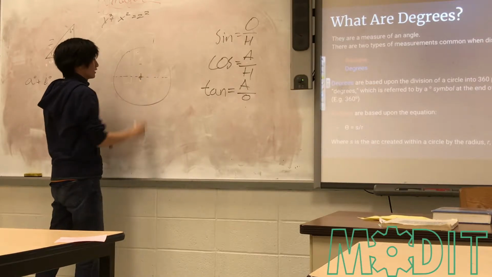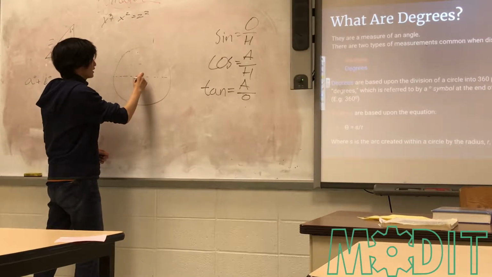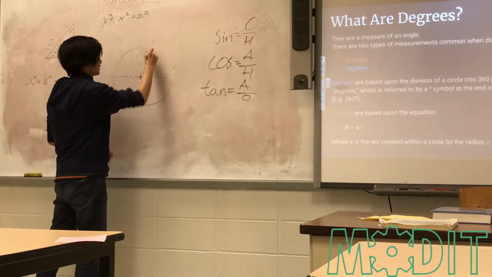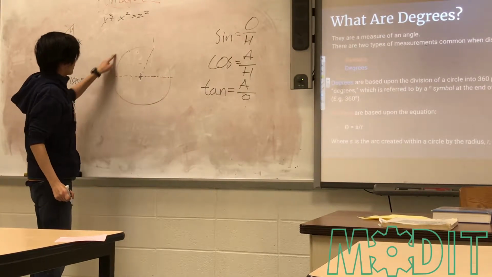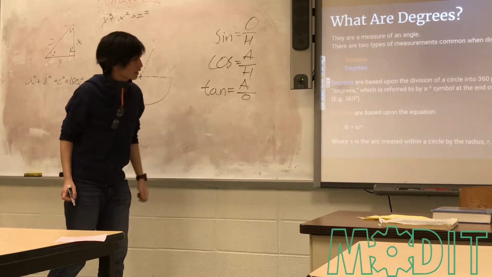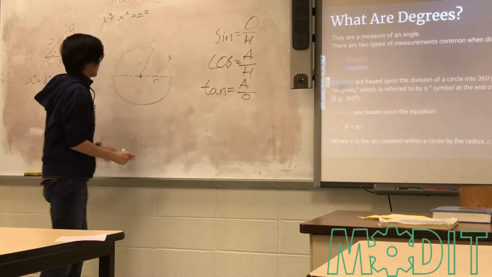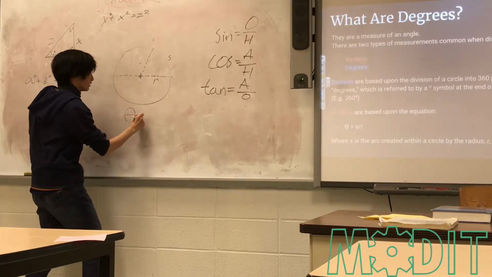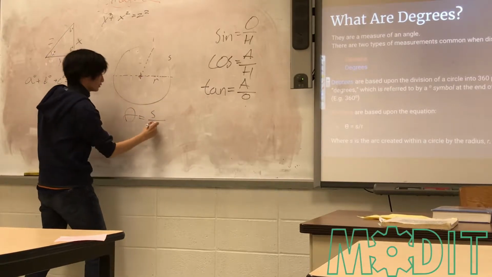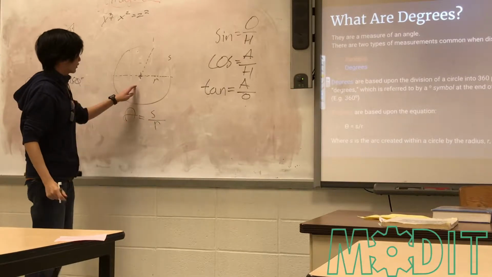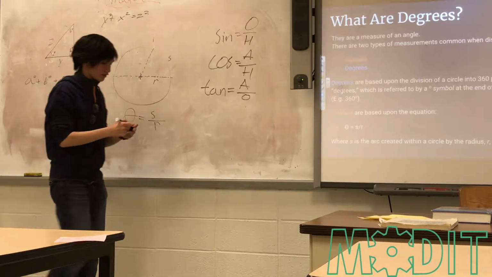A radian is basically taking a segment out of the circumference of the circle, the whole perimeter, and dividing it by the value of the radius. As you can see here, a radian, denoted as theta, is equal to the subtended arc created by these two radii, or the portion of a circumference divided by the radius of a circle.